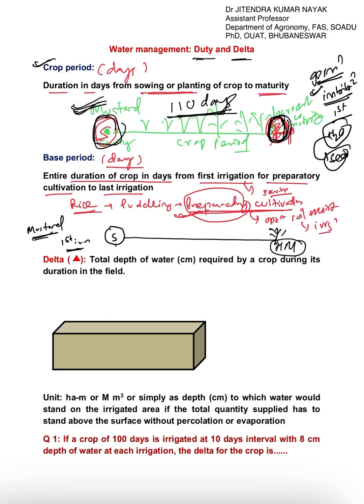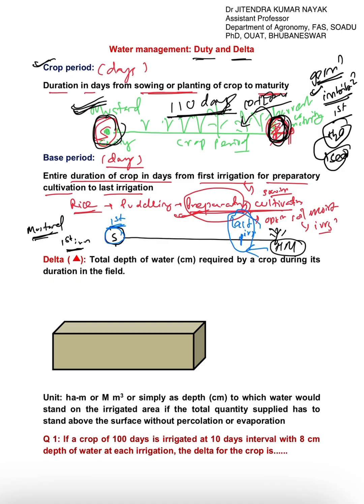We will stop the irrigation 10 to 12 days prior to harvesting maturity. So the first irrigation is applied at the time of sowing, but the last irrigation will be applied before the harvesting maturity.